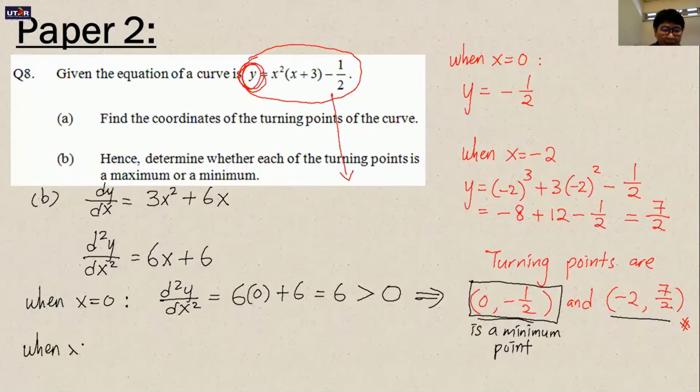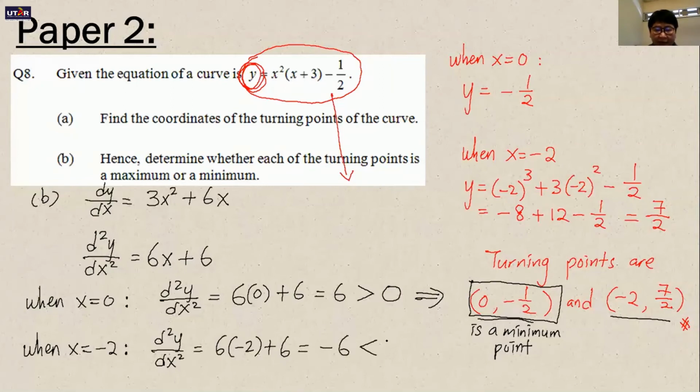The second turning point, the x value is negative 2. So what is the second derivative now? We have 6 times negative 2 plus 6. So negative 12 plus 6, we have negative 6. Negative 6 is a negative number.